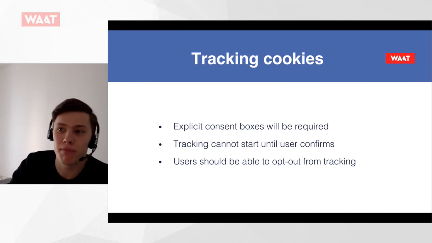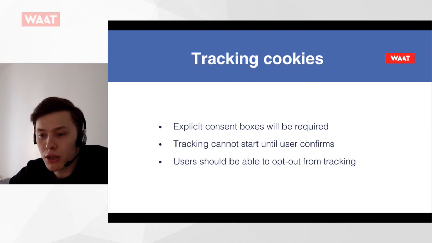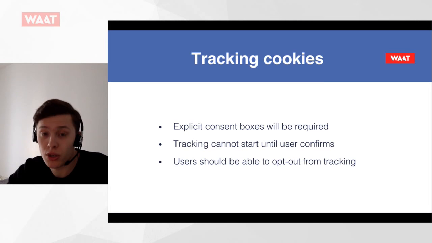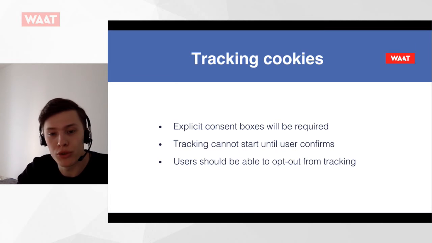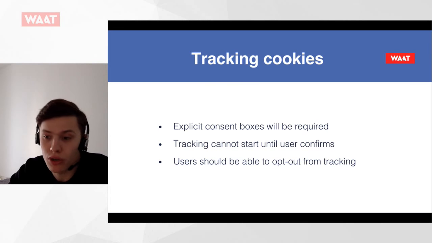cookies. For any web application or mobile application, you should always remember tracking cookies. So let's say you're getting your data from third-party analytic tools, and you're tracking your users' data, let's say your location or IP address.